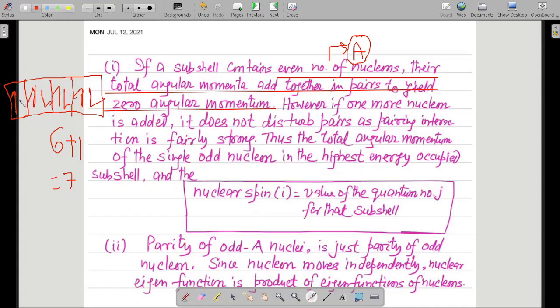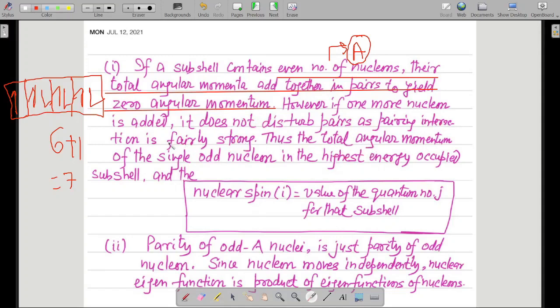But if we add a single nucleon, the pairing interaction between these is very strong. So addition of a single nucleon will not disturb these 3 pairs, because the pairing interaction is fairly strong. So it is written over here that if one or more nucleons are added, it does not disturb pairs, as pairing interaction is fairly strong, okay.